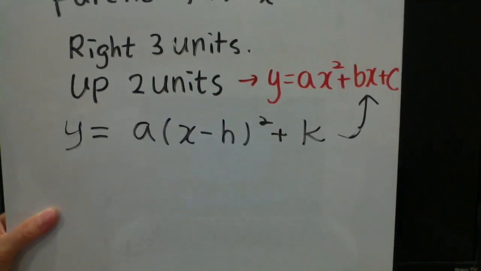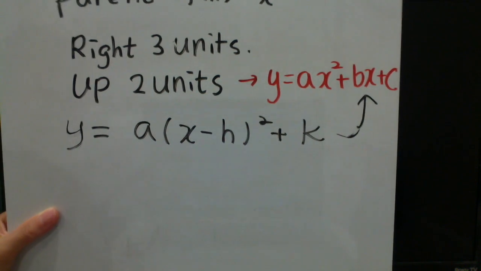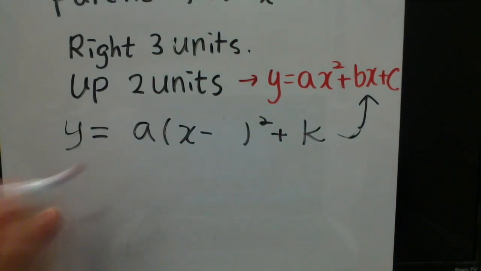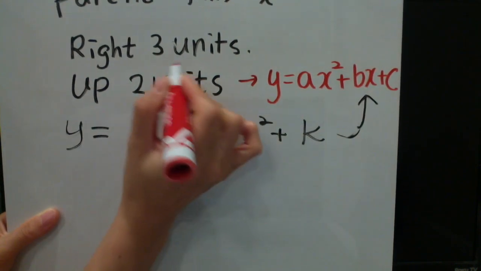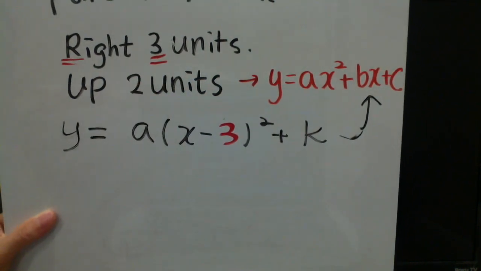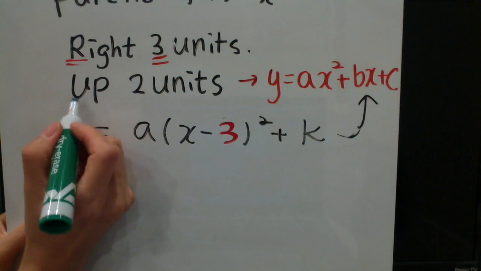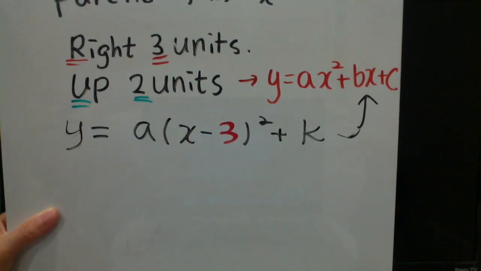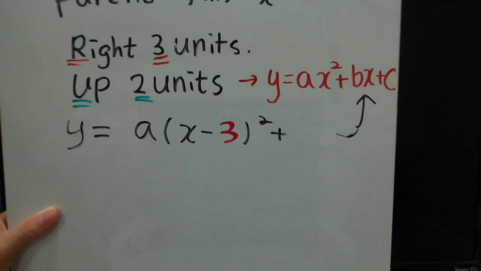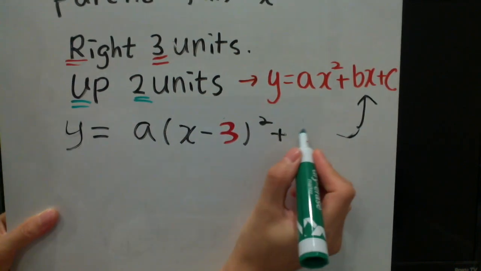So it went right 3 units. Then this is 3, because it says 3, right, and up 2. So if it goes up, plus 2, right? So I will write 2.